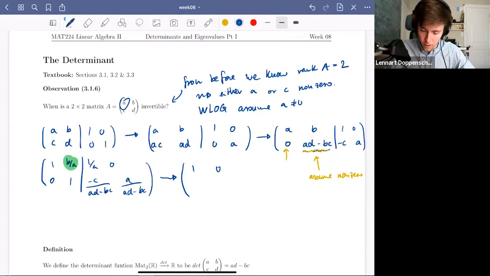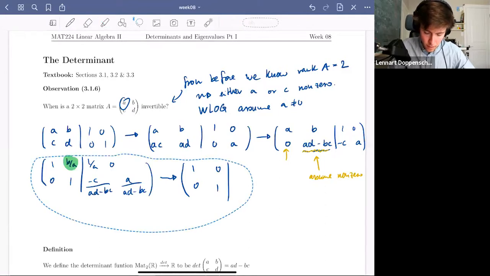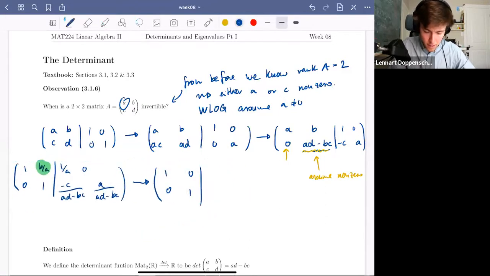So the left-hand side will be this, and the right half will be less nice, but we can just compute it. So this is going to be 1 over A plus B over A times, taking this into account, C over AD minus BC.